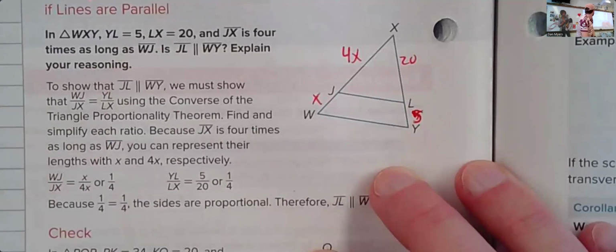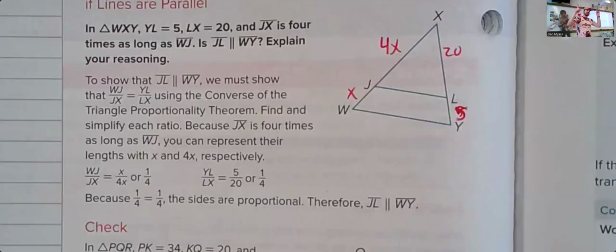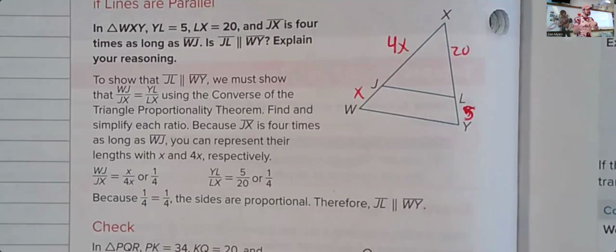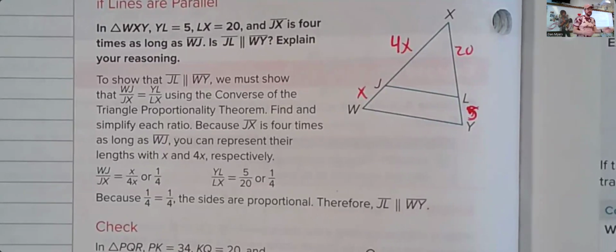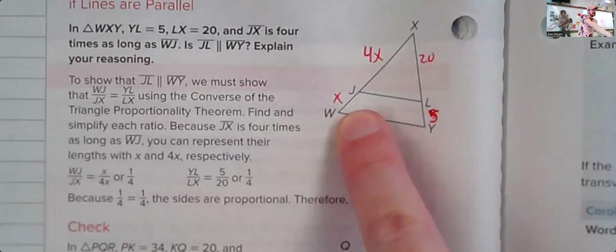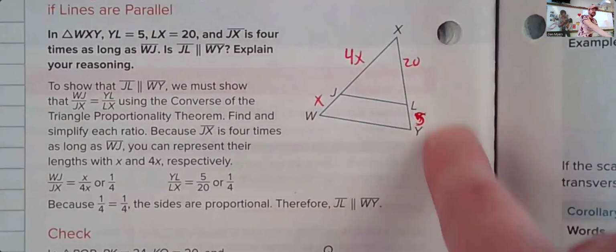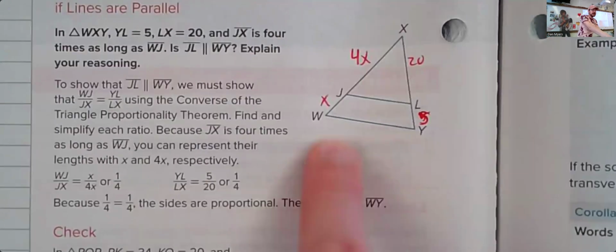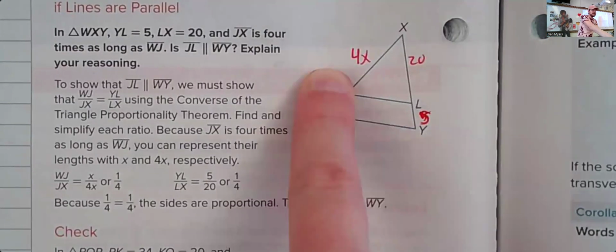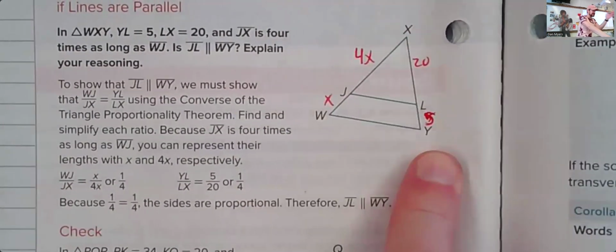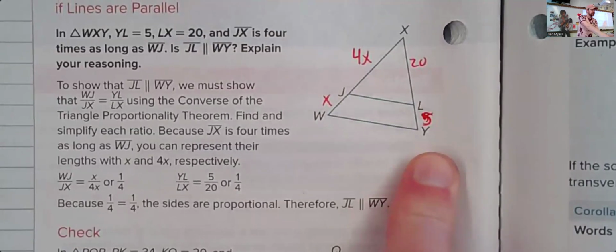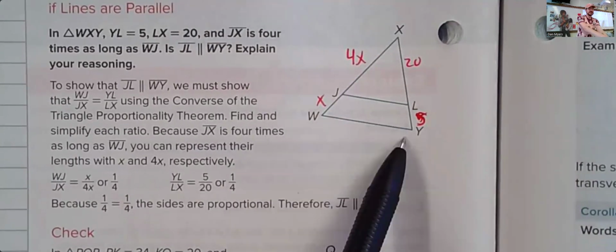So we're going to set up a proportion, just like we've been doing. We'll cross multiply, we'll solve, and then once we have the value of x, we're going to plug it right back in and see if that fraction ends up reducing to the same as this fraction. If it does, that means those two lines are parallel. If both fractions are not the same, it means it's not proportional, which means JL is not parallel to WY.